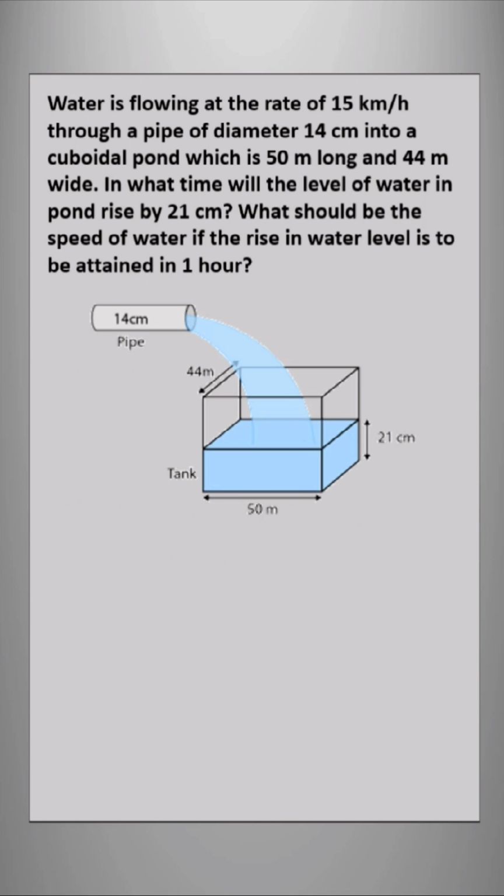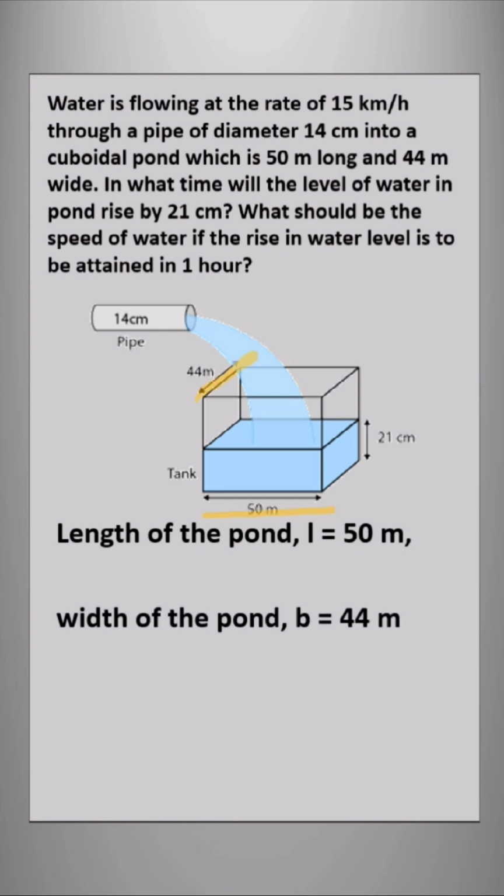So now let us have the dimensions of the cuboidal part. Length of the cuboidal tank is 50 meter. Breadth of the cuboidal tank is 44 meter. Rise in water level, that is the height h, is 21 centimeter.